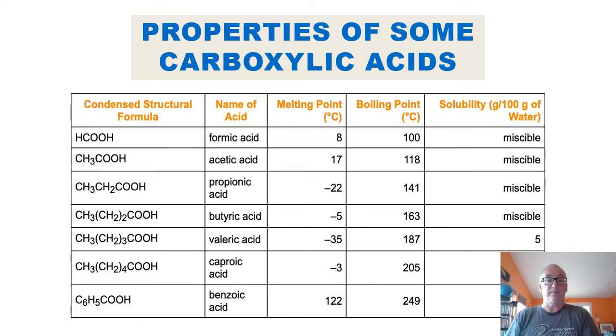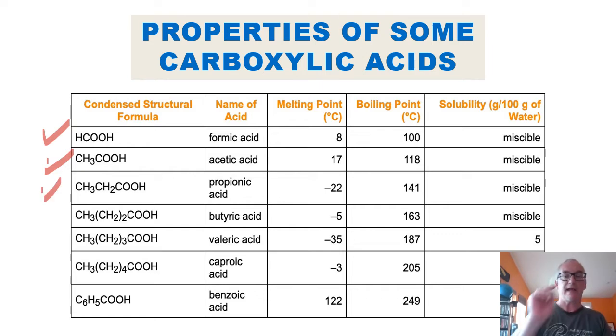Just look at some of the properties of these carboxylic acids. So the really, really short ones, like formic acid, acetic acid, propionic acid, and even butyric acid, 1, 2, 3, 4 carbons. These are the common names. These aren't the scientific names.